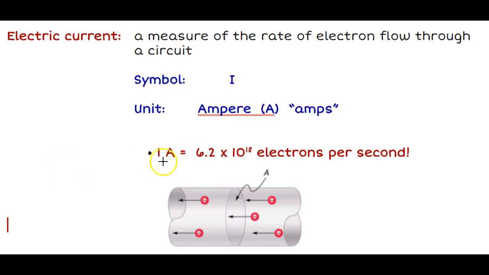But what would 2 amperes look like? Well, 1 ampere is really just a measurement of a huge number of electrons, 6.2 times 10 to the power of 18 electrons passing through a specific point in that wire per second. That's huge, right? So if I were talking about 2 amperes instead, there would be 2 times 6.2 times 10 to the power of 18 electrons traveling through that wire per second. It's quite huge.